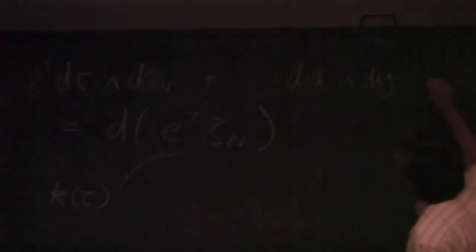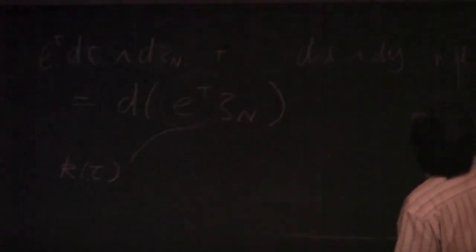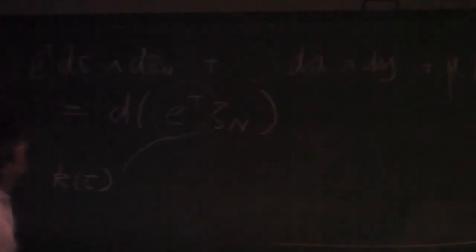So we add something, with small constant mu, we add mu times kappa. The kappa restricts to this dy zeta n on the end, and if you put a really small constant, then it doesn't matter for having a symplectic form.